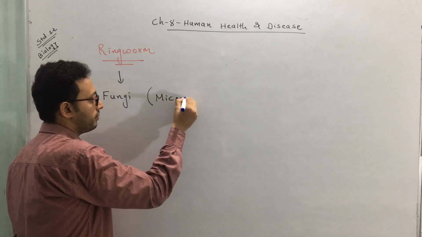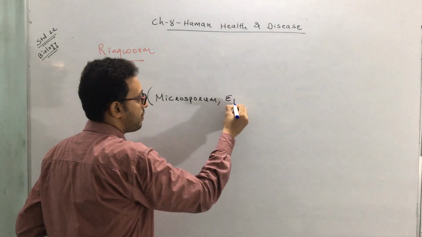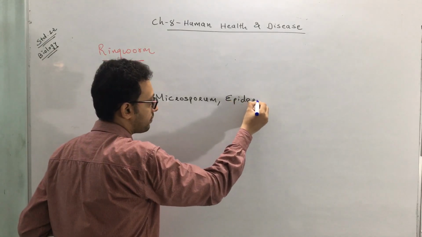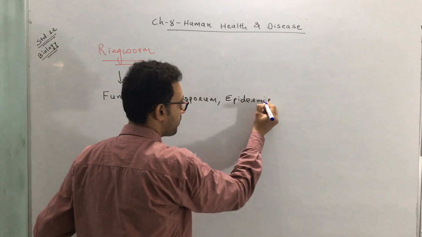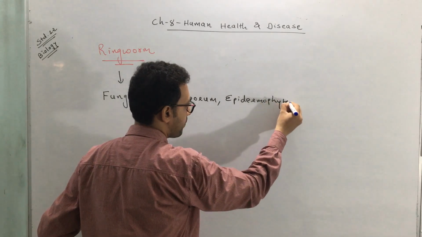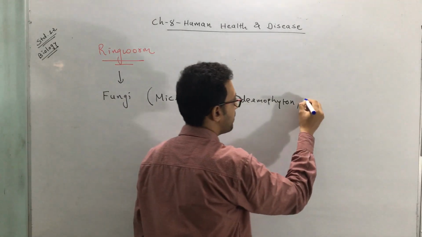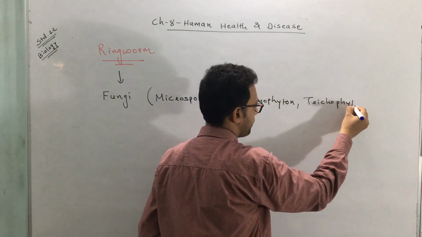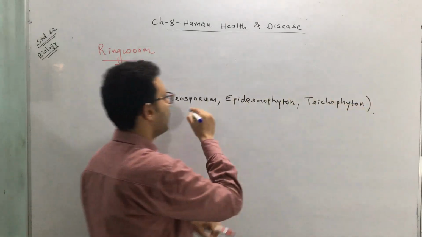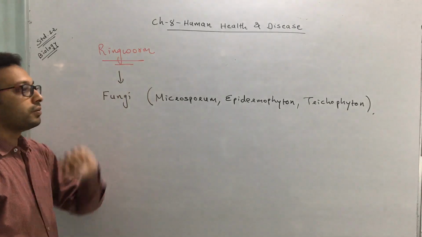Microsporum, epidermophyton, and trichophyton. Of this group, they are responsible for causing ringworm.